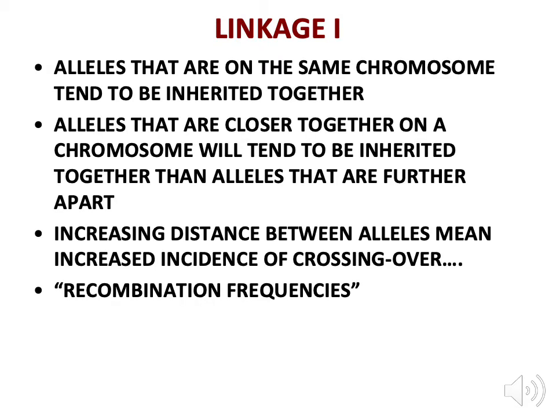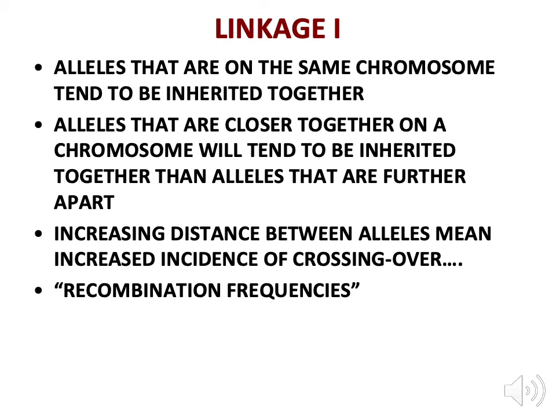Not too long ago, in the context of talking about Mendel's laws, in particular his law of independent assortment, we mentioned linkage. We said that if you have alleles found on the same chromosome, wherever that chromosome moves, those alleles tend to move together. They are said to be linked, or they are said to belong to a linkage group.